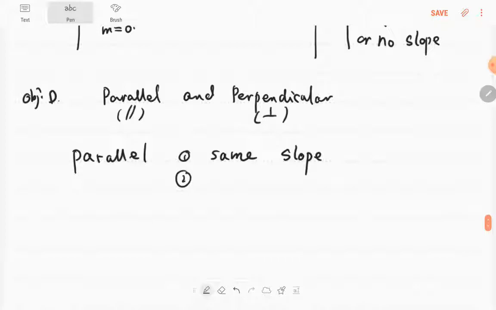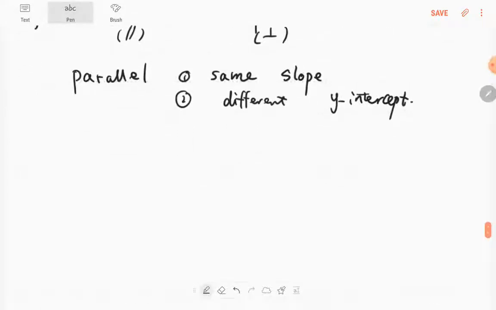The second condition, different y-intercept. So what does that mean? Remember we talked about this one. It's called slope-intercept form.